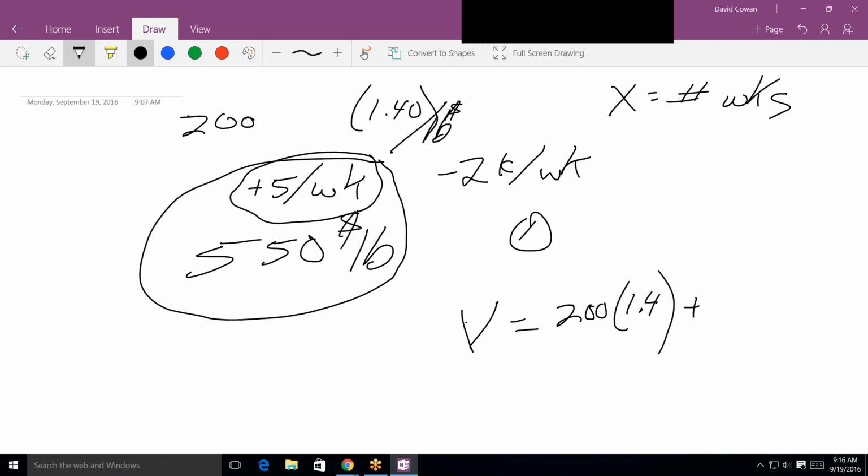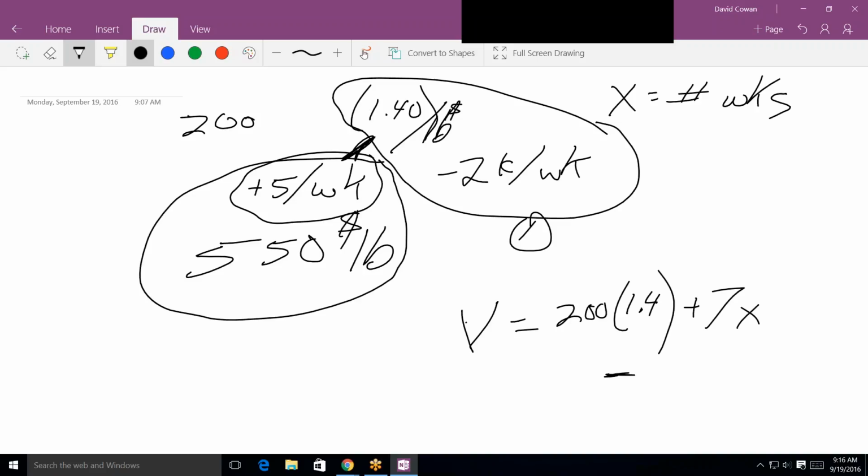Okay. So it's going to gain from this part 7x. Right. And then it's going to lose from this part how much? 2 cents. 0.2x? Wait. Now let's see. I've made everything in dollars, so we have to put this in dollars.